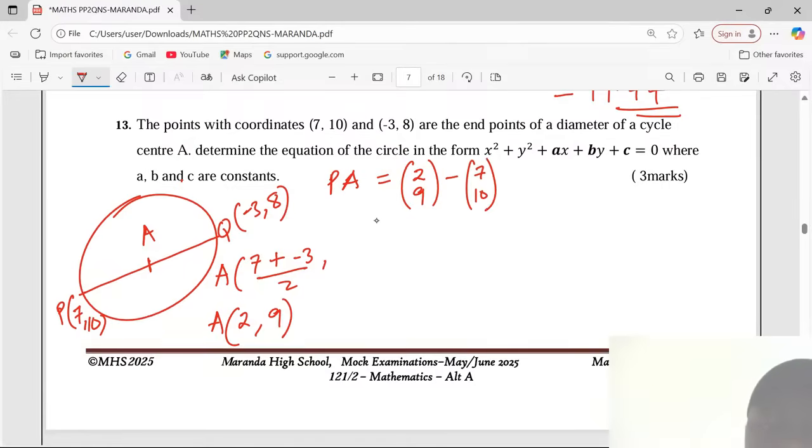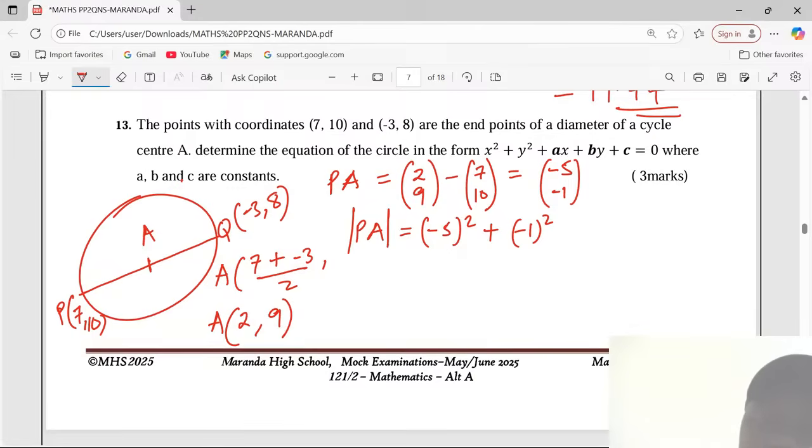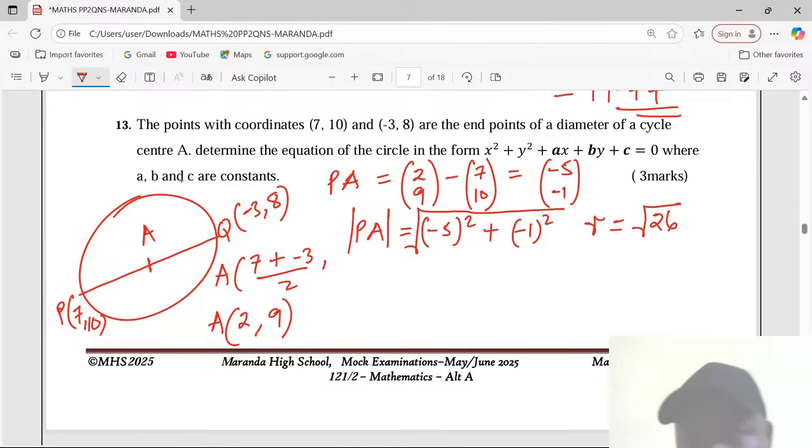Then we get negative 5 and negative 1. We now find the vector length, the magnitude, which requires negative 5 squared and negative 1 squared. Then we take the square root. So the radius, which is length PA, shall be the square root of 26.